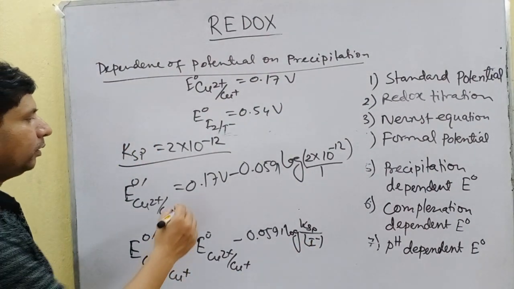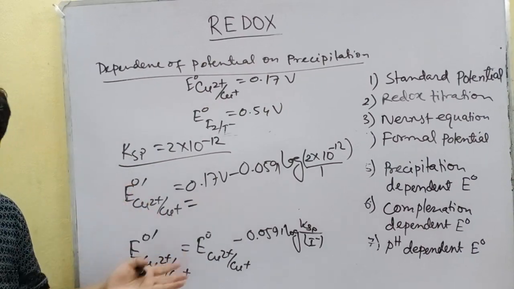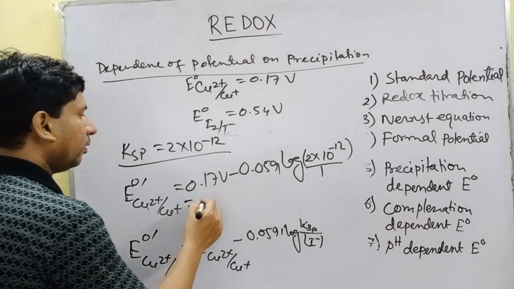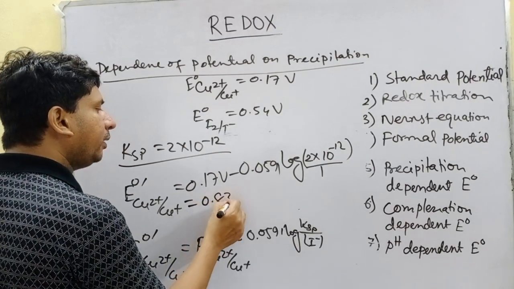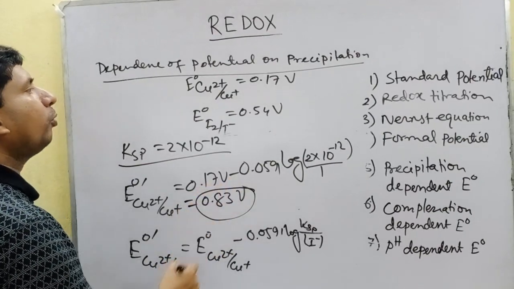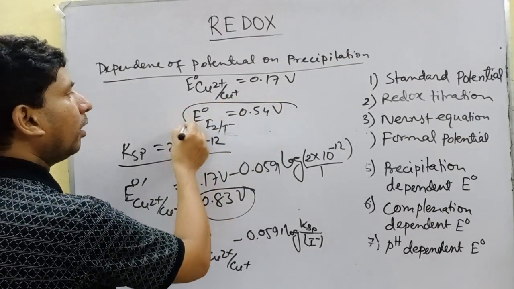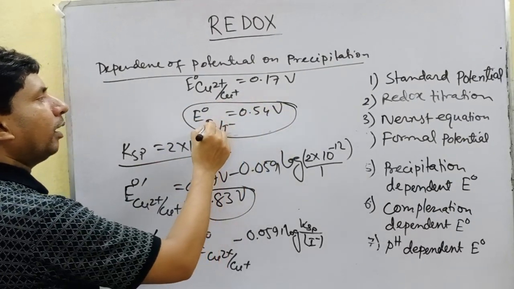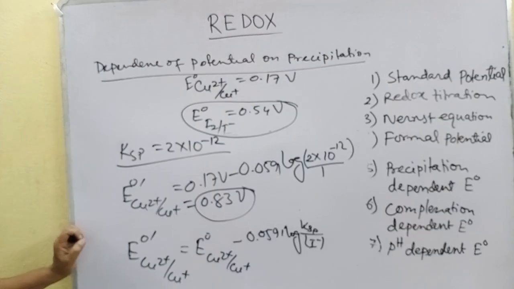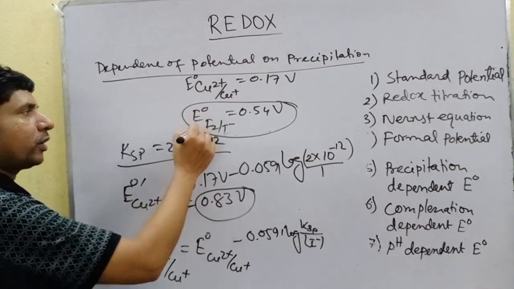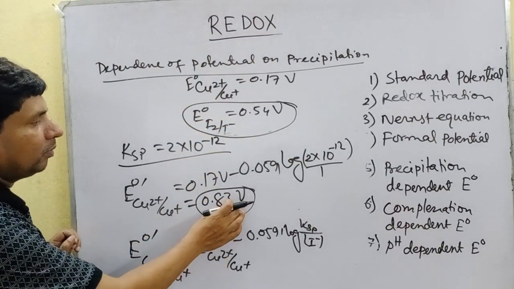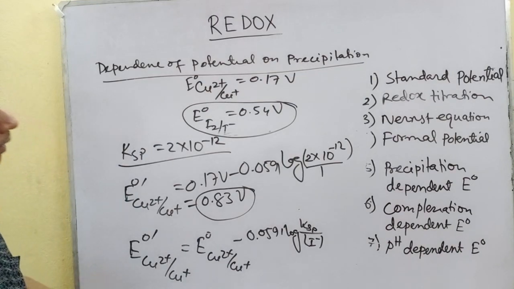This value is totally absurd, that means it equals 0.83 volt, and this 0.83 volt is greater than E0 of I2/I minus. The reduction potential of I2/I minus is much lower than this.